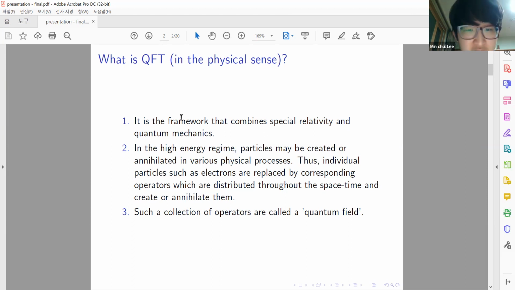Thus, individual particles such as electrons must be replaced by corresponding operators, which are distributed throughout space-time and create or annihilate these particles. Such a collection of operators is called a quantum field.